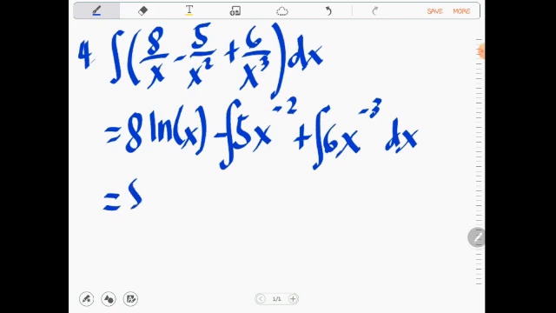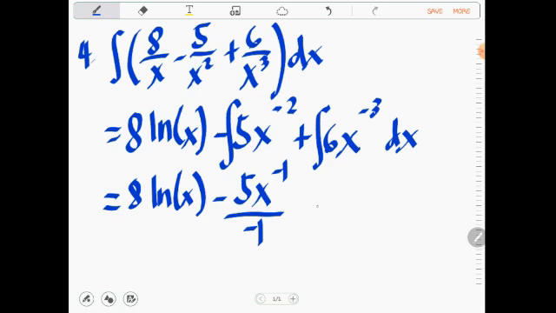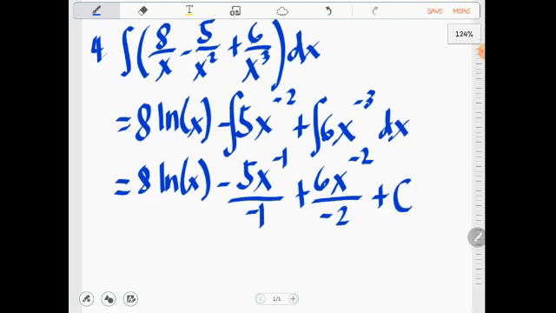So, copy mo lang ito, 8 ln of x, then minus 5x raised to negative 1 all over negative 1, plus 6x raised to negative 2 all over negative 2, plus the arbitrary constant na c. Okay? So, pwede pa natin ito i-simplify.